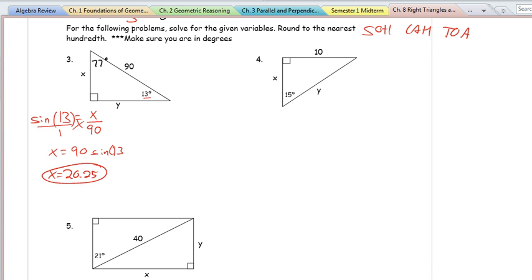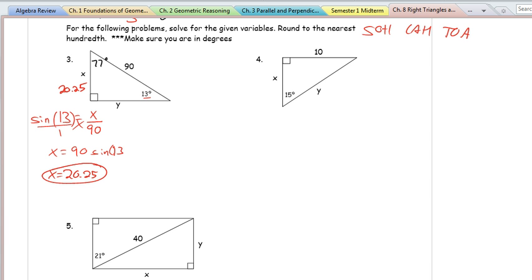Let's do another setup. Let's look at 13 again. We need to compare it to two sides. We know this side is 20.25, but I wouldn't use that side because it could get a little messy. So looking at 13, I need to find y, and I have that 90 on the hypotenuse. So I have to use hypotenuse, which leaves sine or cosine.